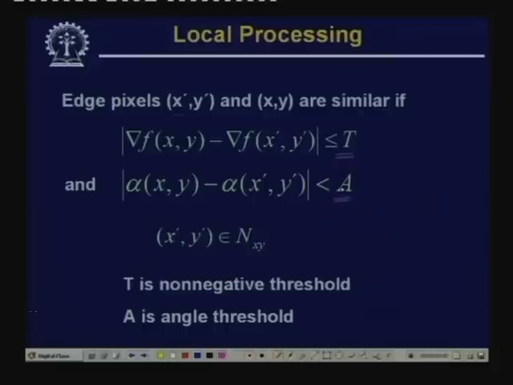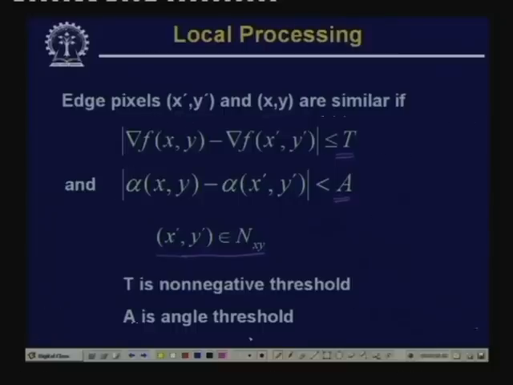Then we consider these 2 points x y and x dash y dash to be linked together. In this particular case our x dash y dash has to be in the neighborhood of x y. That is what is represented by x dash y dash belongs to the neighborhood of x y.